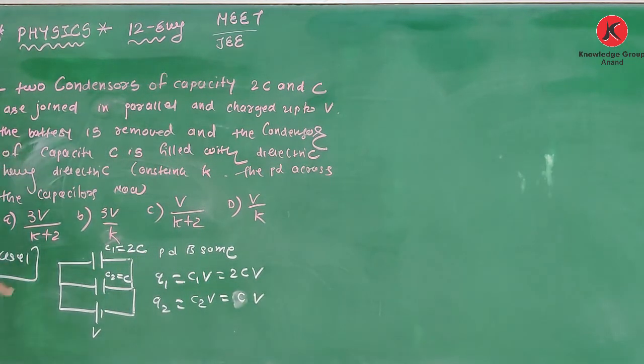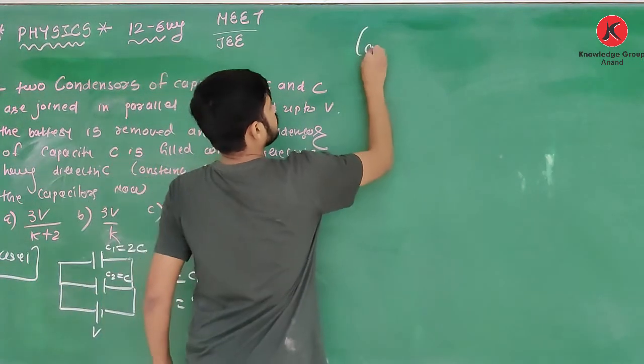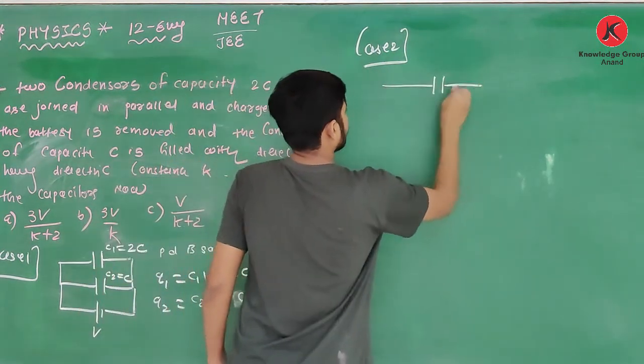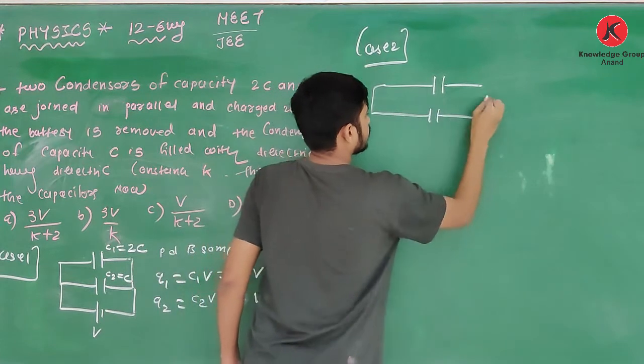Now the battery is removed and the condenser of capacity C is filled with dielectric having dielectric constant K. Means case 2. See, battery is removed.